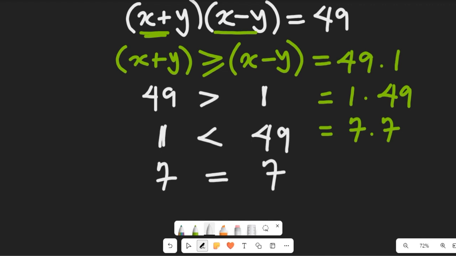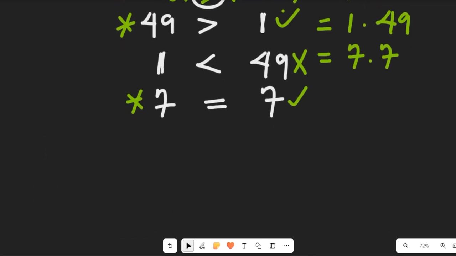If you compare this with the inequality sign, you find out that this expression is true because this is greater than this. This other expression is false because 1 is less than 49, and this other expression is true. So we're going to pick these two expressions that are true, and then we can find the values of x and y from the true expressions.